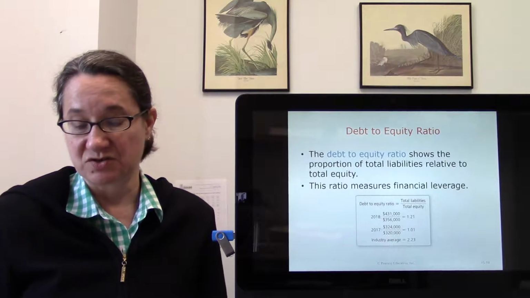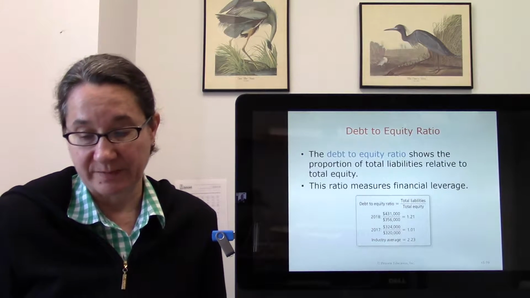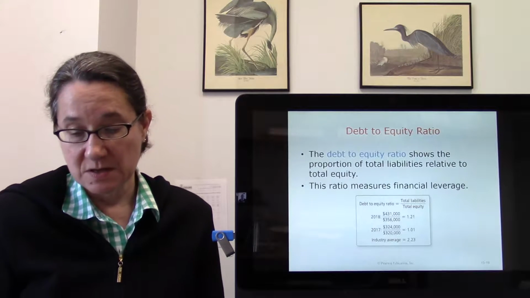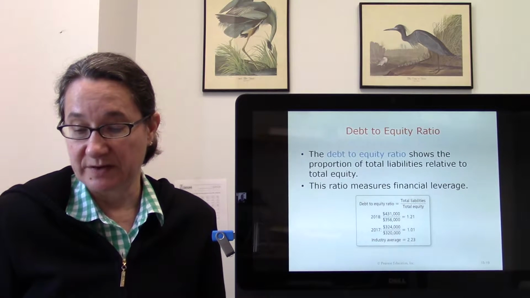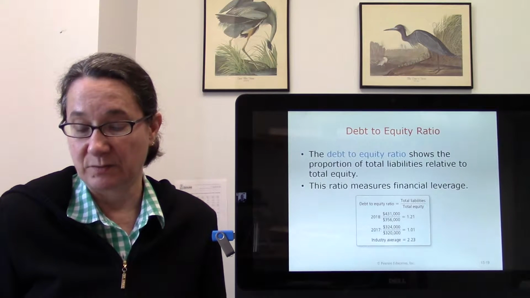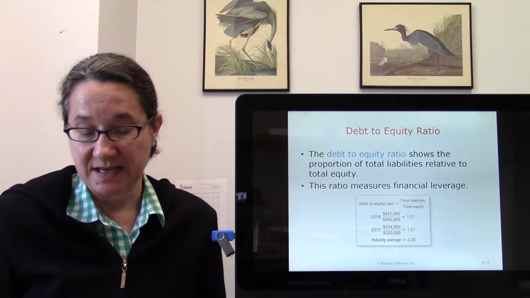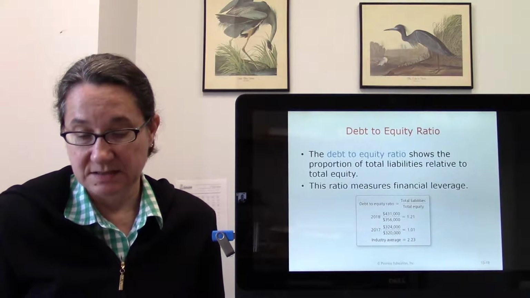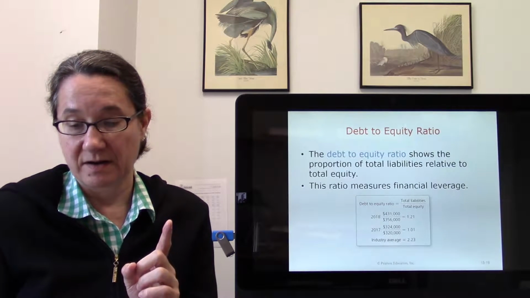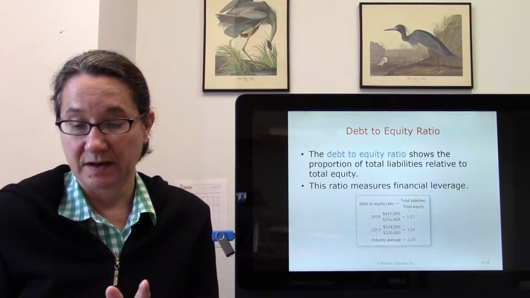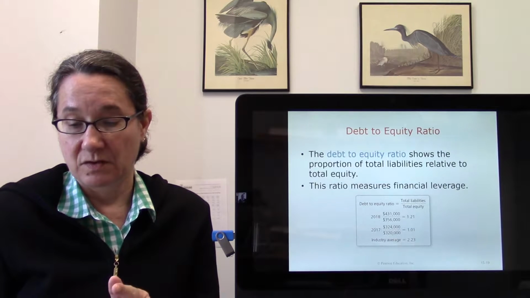Thus, the ratio measures financial leverage, and you'll hear about this in future classes, especially finance classes. If the debt to equity ratio is greater than 1, then the company is financing more assets with debt than with equity. If the ratio is less than 1, then the company is financing more assets with equity than with debt. Right? So if 1 or greater, like for our company, you see on 2018 it's 1.21 and 1.01.